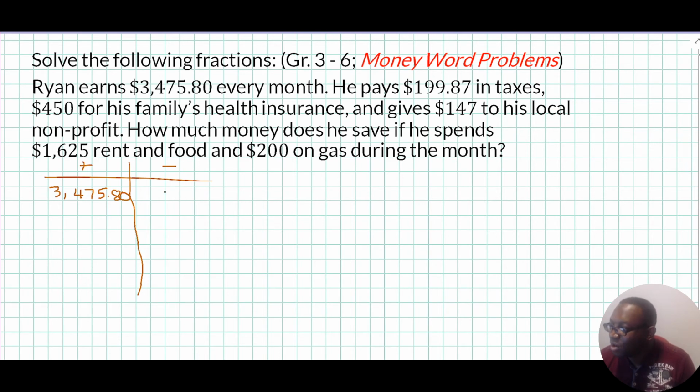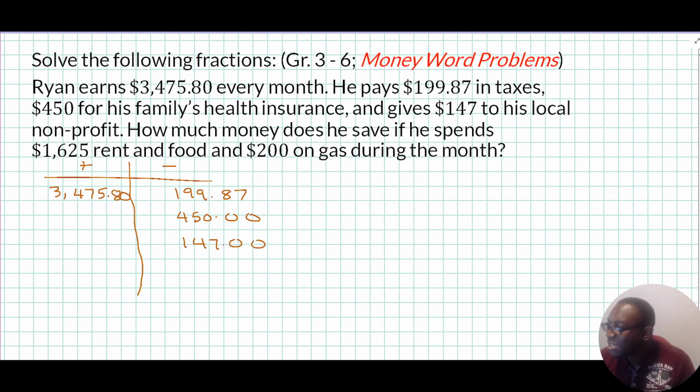He pays $199.87 in taxes. He also pays $450 for health insurance, and he gives, so this is all money that he's giving away, $147 to his local nonprofit.